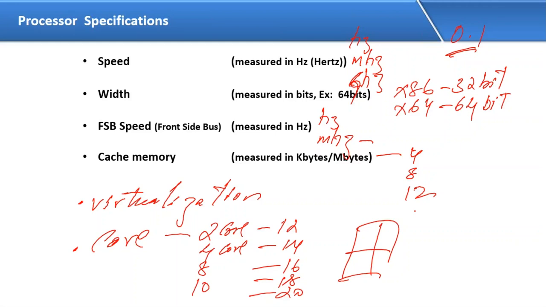Two different machines in a single machine, two operating systems you want to run, so we need virtualization technology. But core is important when you are multitasking, because if you are running multiple machines at a time, you require cores. Otherwise, it is slow.